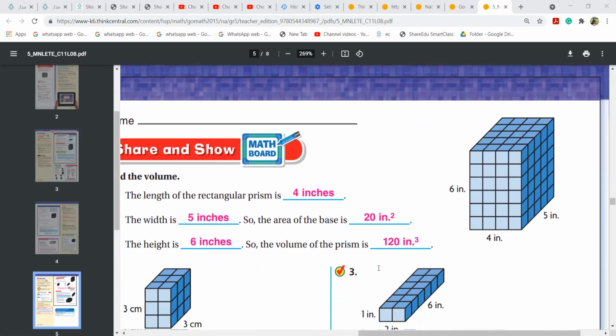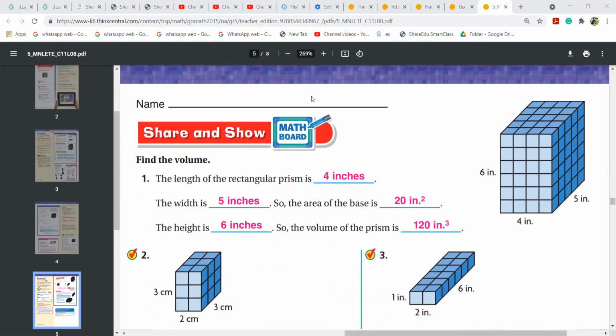Very simple. First, I multiply the length and the width. I get 20. Then this 20 I multiply by the height. Then I get 20 times 6.